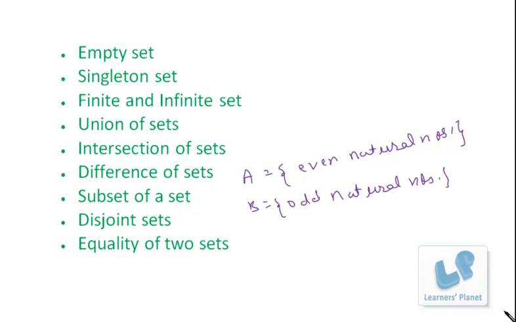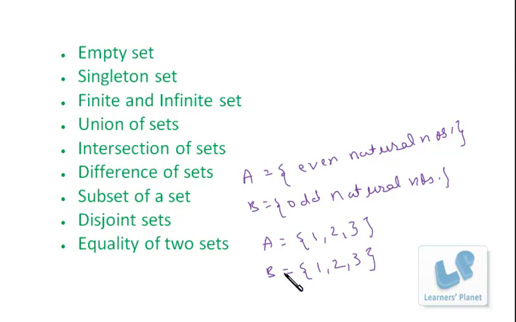Now next is equality of two sets. Now, if the two sets are having same elements as well as same number of elements, then we call them as equal sets. Suppose set A has 3 elements, 1, 2, 3, and set B is also having 3 elements, that is 1, 2, 3, then we call them as equal sets.